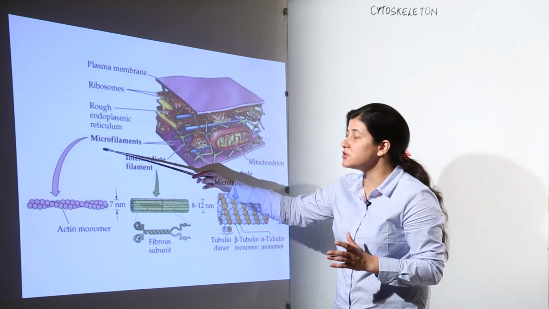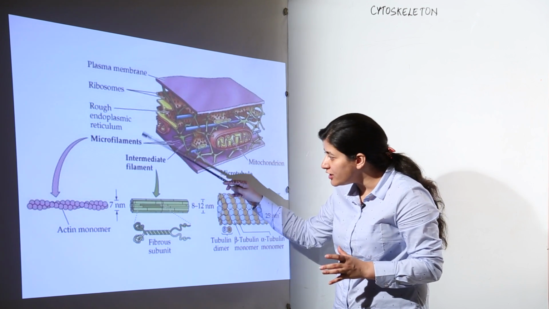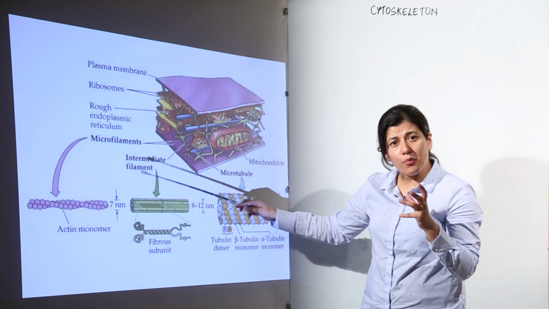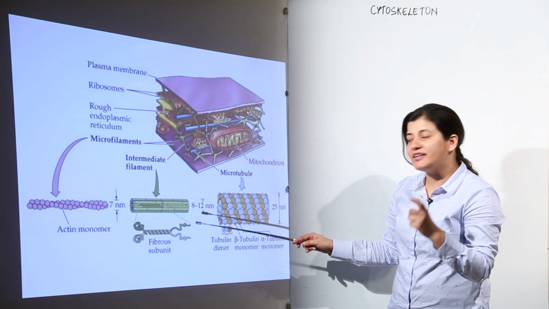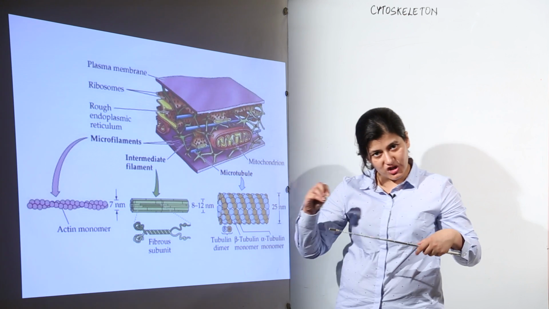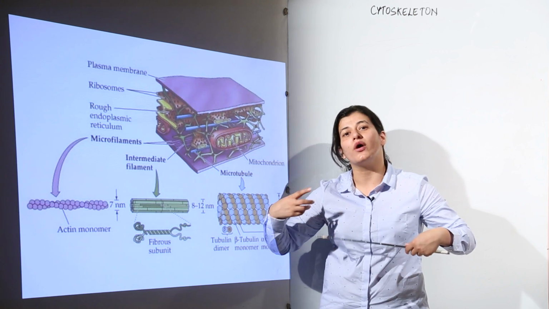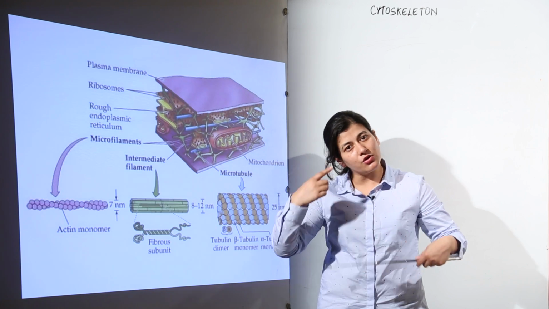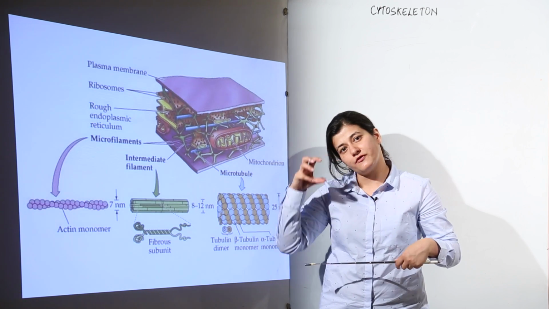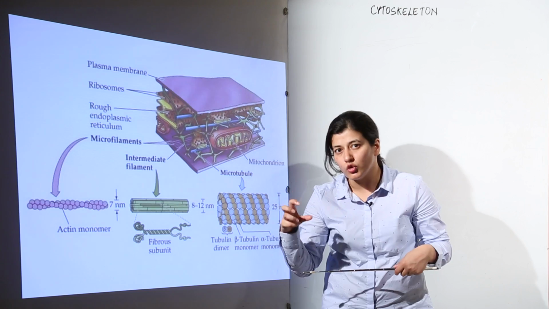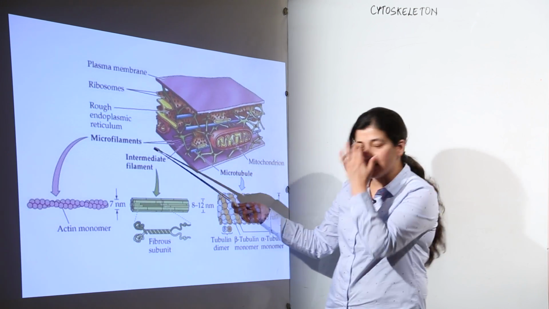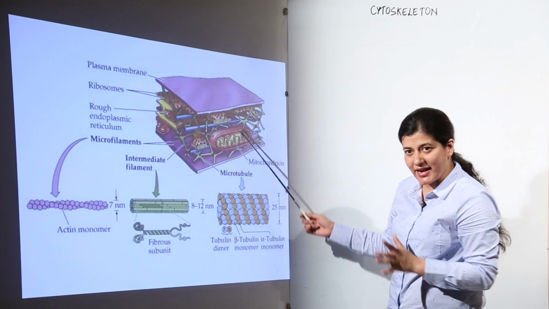Those filaments which are smallest in size are microfilaments, and they are formed by polymerization of actin monomers. Two different chains are formed and then they get coiled. Suppose you have two beaded strings and you coil them, and all those beads are of similar color. So you have actin monomers. This is a homopolymer of actin, present in the form of microfilaments inside the cell.